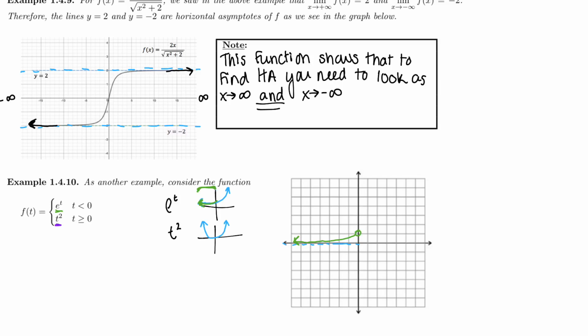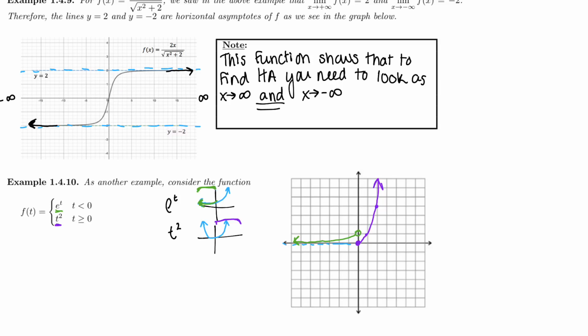When t is greater than 0, we use t squared as the function. So it's greater than or equal to, so solid dot. And the function looks like this.